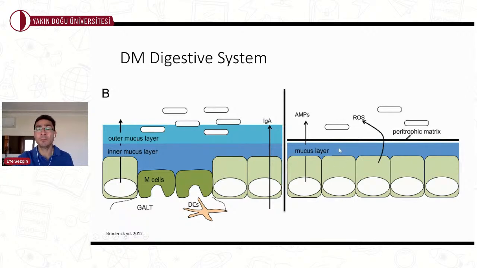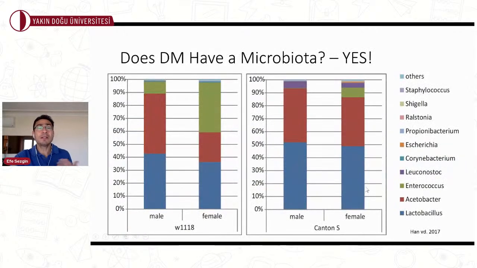It's just a simpler form, but overall what is happening seems to be quite similar between humans and Drosophila. Moreover, people have been doing molecular and microbiological studies showing that this mucus layer is, just like in humans, rather important in the interaction between bacteria and the host. Okay, so does Drosophila melanogaster have a microbiota?